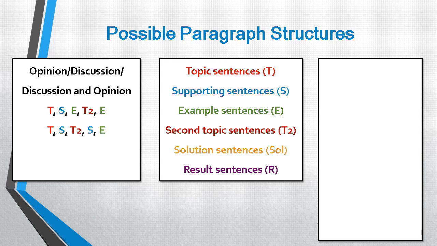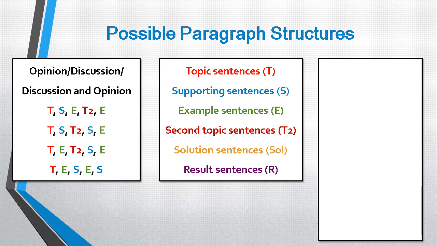Remember, we always have to present and support and develop our main ideas. So you mustn't just have one topic sentence on its own. But within that, you can show different structures, as this shows the examiners that you can write in different ways.